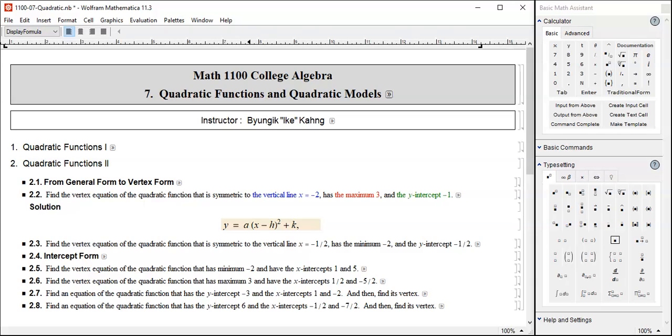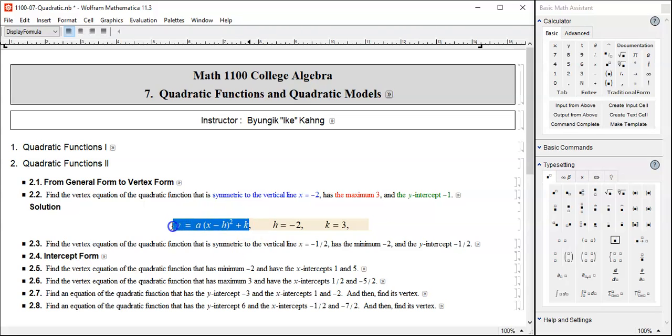So, symmetric to the vertical line x equals to negative 2, that means h is negative 2. And about the maximum, that's k value. Sometimes maximum, sometimes minimum, depending upon the sign of a. And then y-intercept is negative 1.